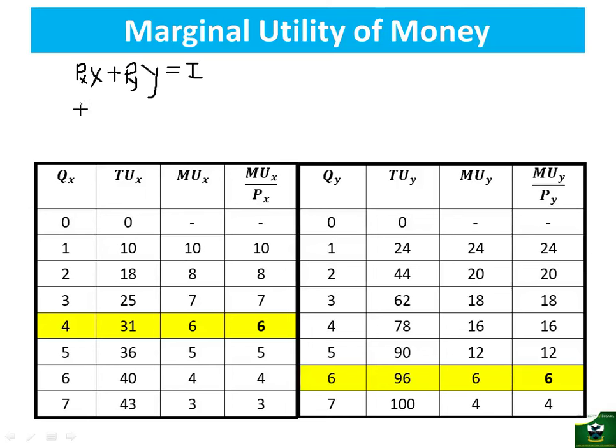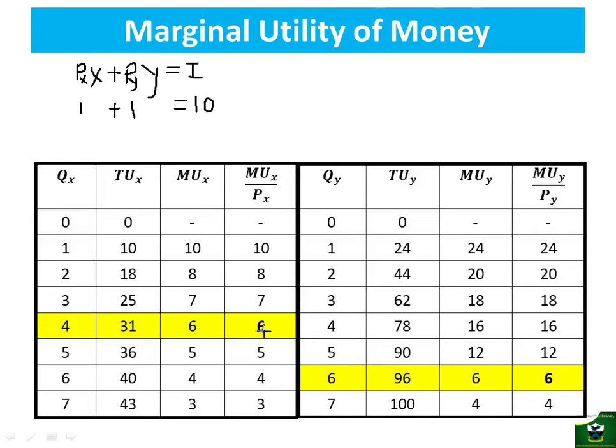Now, price of X is 1, price of Y is 1, we've reduced it to 1, and the money income is 10. So what we are looking for then is the amount of X consumed and the amount of Y consumed that will make this side equal to 10.